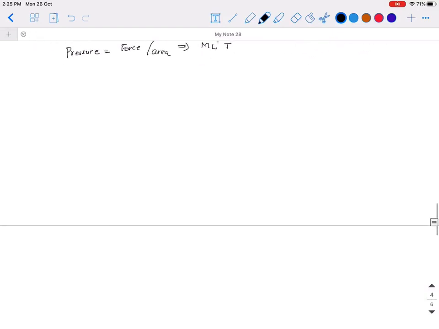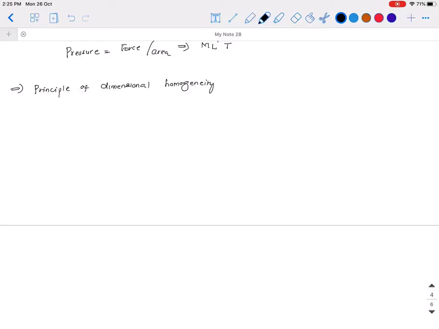Then a very important one, which you already know from your school days, is the principle of dimensional homogeneity. Do you remember what this principle is?